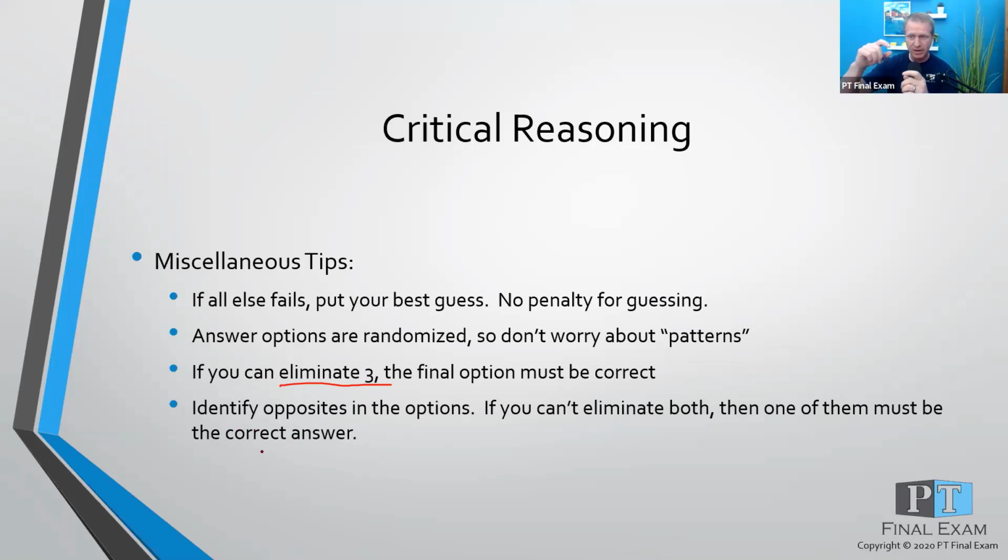Usually you can identify that A and B are opposite of C and D. Like white blood cell ranges: if one is 0 to 4,000 and one is 4,000 to 8,000, you can see how they're exclusive to one another. And 0 to 4,000 white blood cells is just not normal, so depending on the question you'd probably be able to eliminate that one. So look for those opposites, because usually you can eliminate 2 and narrow it down to 2 options.